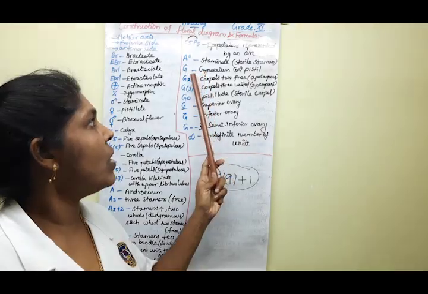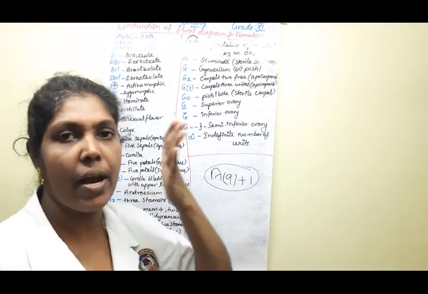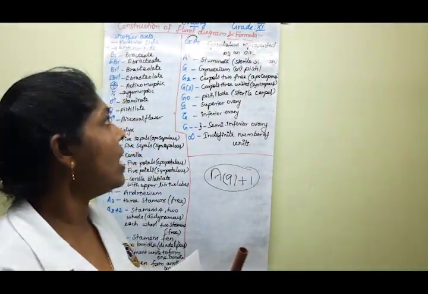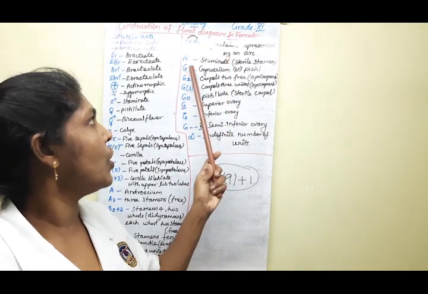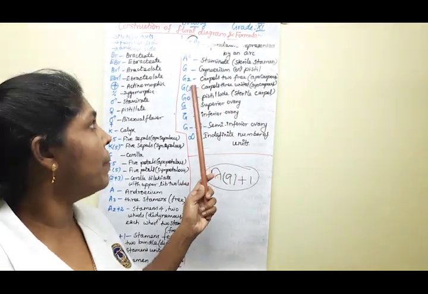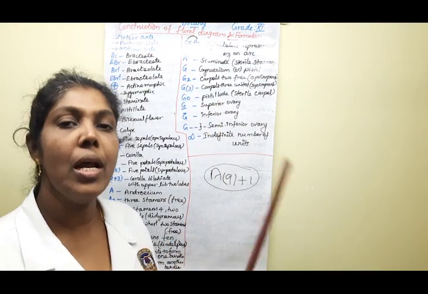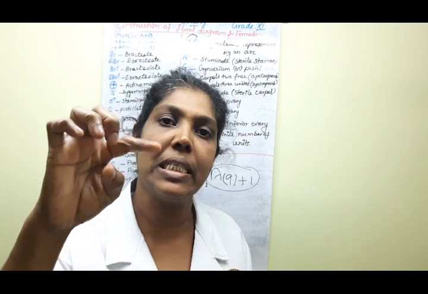Clear? Next one, gynoecium. This you also have to follow in a similar way to the androecium. First, the gynoecium or pistil is present in the flower, so you write the floral formula as G. Suppose the number of carpels is 3, then you just write G3.